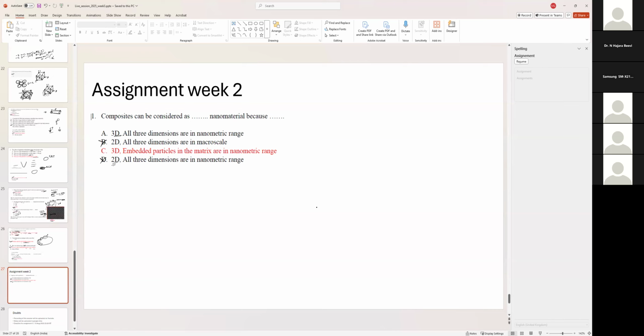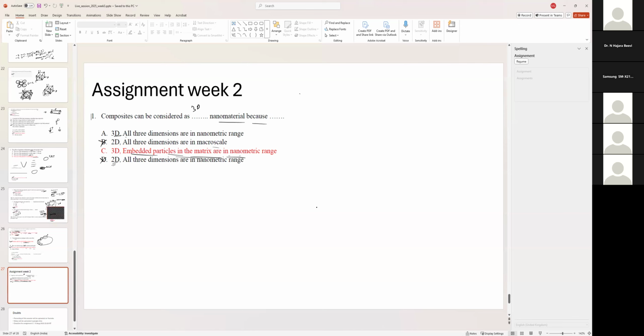For 3D, all the dimensions should be in macro scale. So composites can be 2D as well. But usually we say they are 3D because of nanomaterials which are embedded particles in the matrix that are in the nano range.